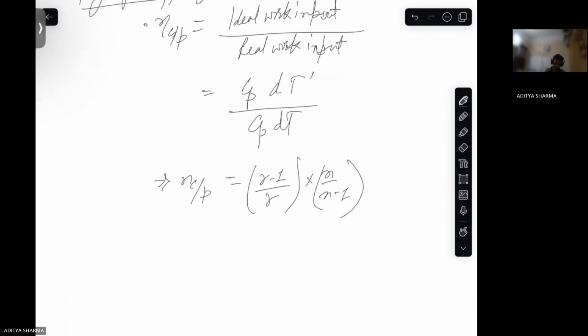So this is your polytropic efficiency for the compressor.